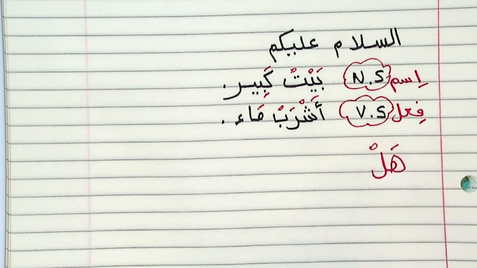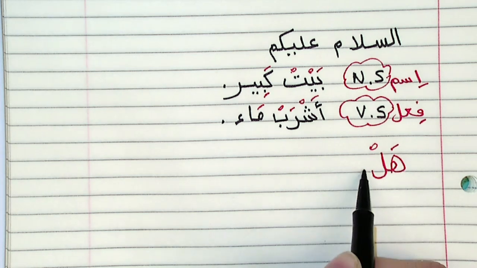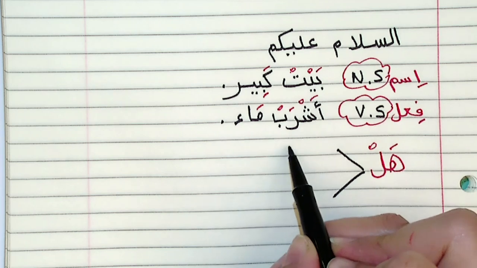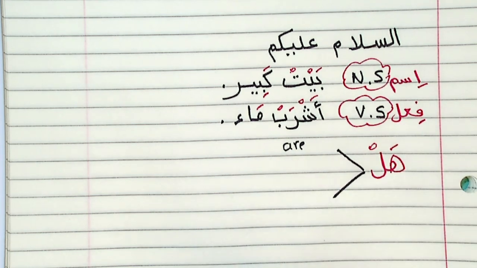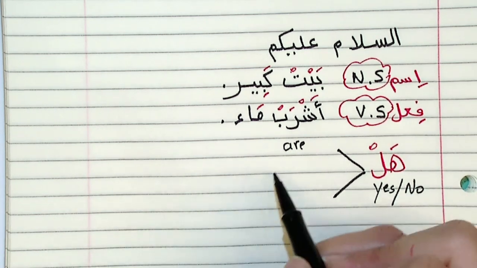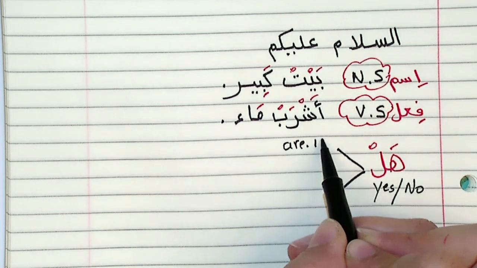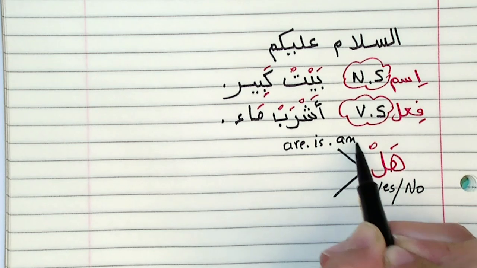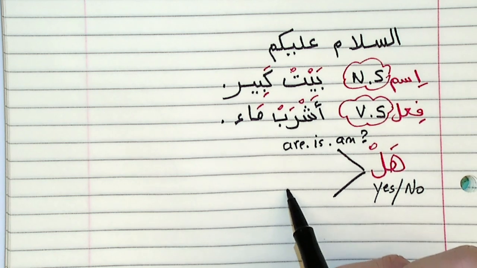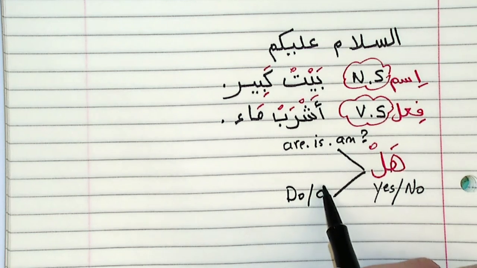Hal stands for two things in English. It stands for are or is, like when you are asking a yes and no question. Are you, or is he, or am I, as a question. So it would replace the verb to be in a question, or the auxiliary do or does.